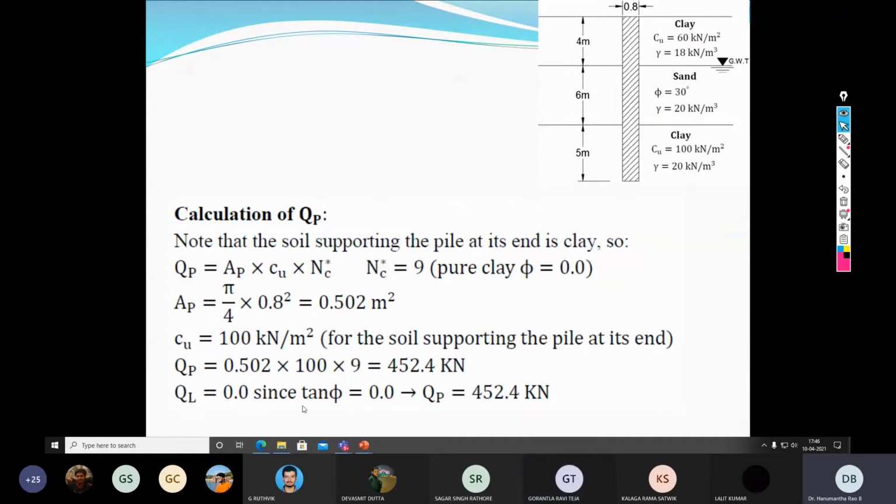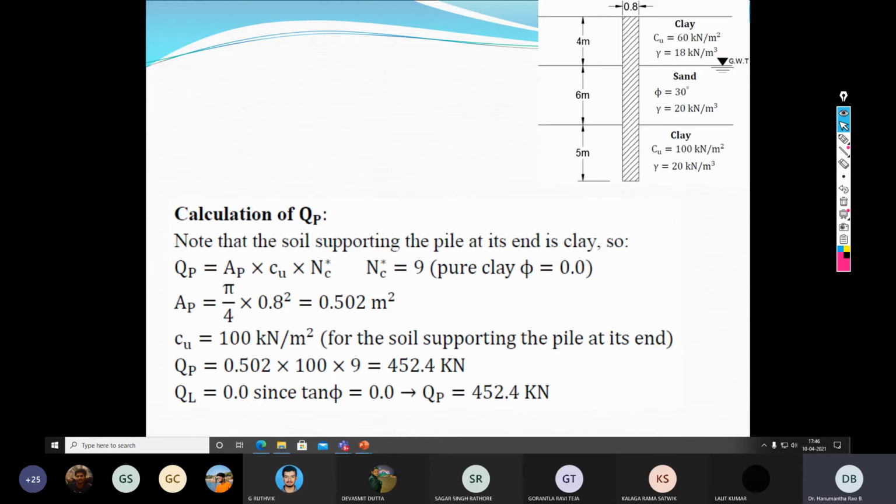Whether we can assume that since it is not a granular soil, therefore QL is not valid, or alternatively, technically, if you understand the problem thoroughly, only then you can write it. But many people do not understand, so it is better to say technically tan phi is 0, therefore QL is not valid. Okay, sir.